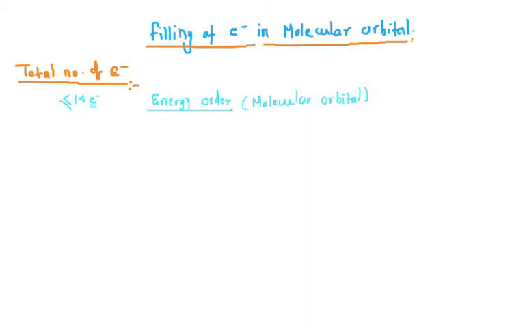It is sigma 1s, then sigma anti-bonding 1s, sigma 2s, sigma anti-bonding 2s, and then pi 2px, pi 2py, and then sigma 2pz.